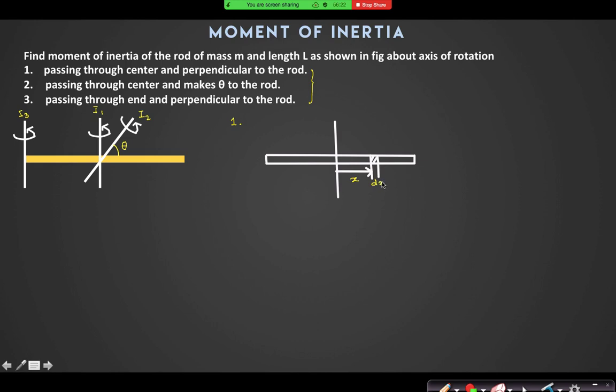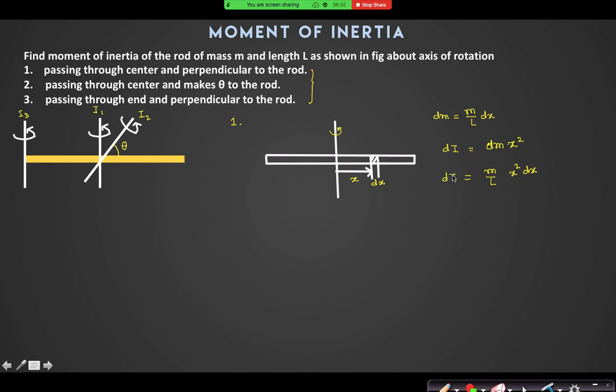I will find the moment of inertia for this length about this axis. What is the mass of this element? M by L into dx. So the moment of inertia of that small mass is dm into x squared, yes or no? So that is m by L into x squared dx.